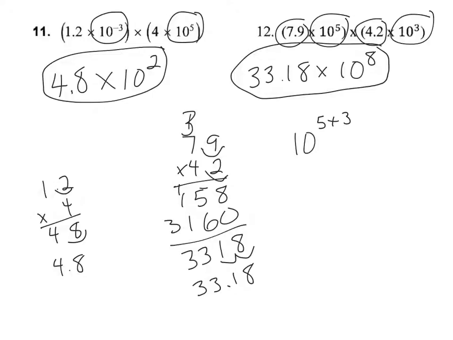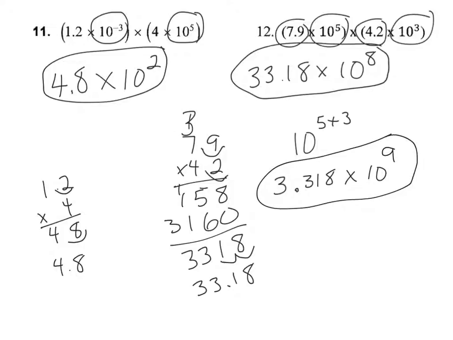But what we can do is move this over so our value is in between 1 and 10. That would give me 3.318 times 10 to the... Now remember, if we make this smaller, which we did, our exponent has to be 1 bigger. So this would be 10 to the 9th. Is this in scientific notation? And the answer is yes.